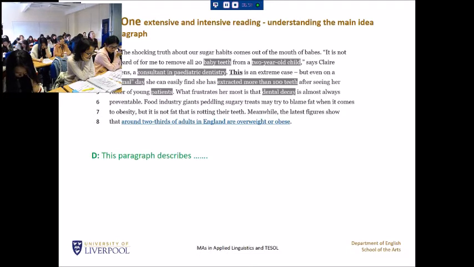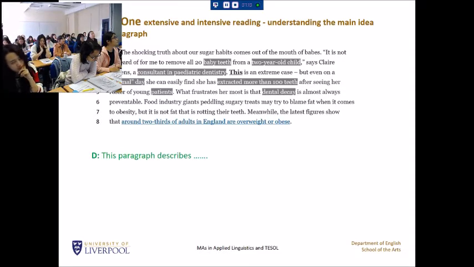Sugar habits. Describing sugar habits. It could be that one. Have we got sugar habits there though? That could be a different starting point, but that's not one of my highlighted words. Okay, so let's start with normal day.